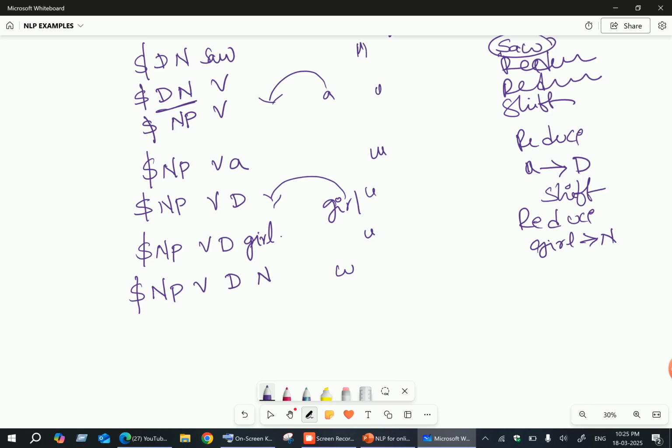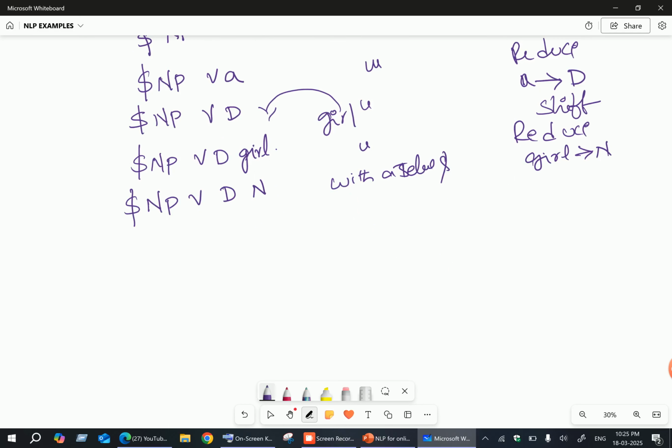Now the leftover string. So what is the leftover string? With a telescope. Okay, so after that you need to perform shift. You need to shift with here. So perform shift operation. So $NPVDN with.